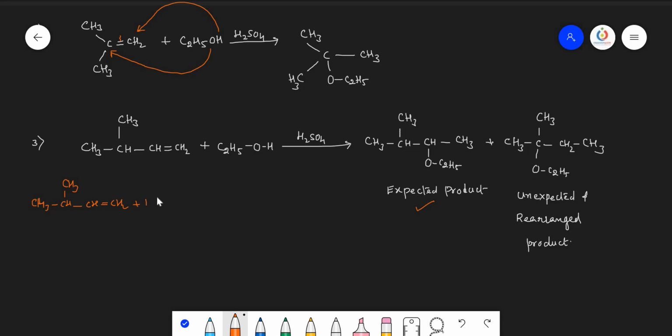This alkene molecule reacts with H+ from the H2SO4. By the positive electromeric effect, H+ comes, so electrons will be shifted to the carbon atom on which this H+ will attack. So positive charge shall be created over this carbon, which gives the secondary carbocation.